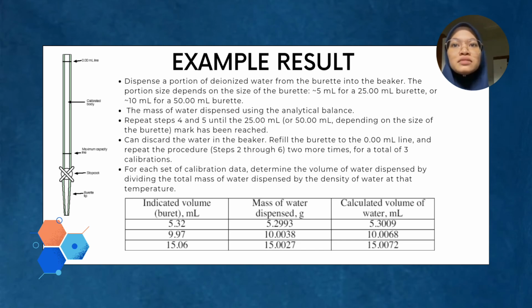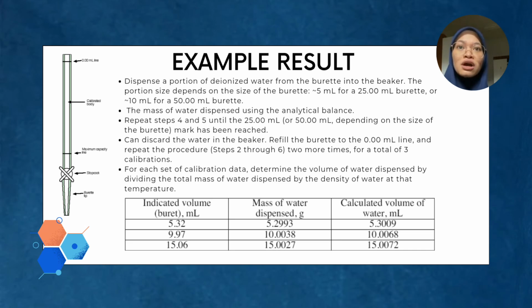And then you can discard the water in the beaker and refill the burette to the 0.0 ml and repeat the step two more times for a total of 3 calibrations.